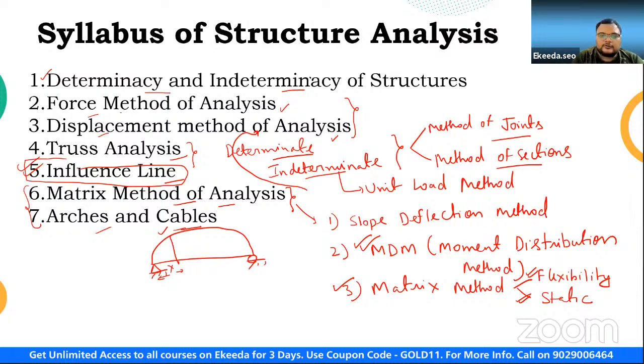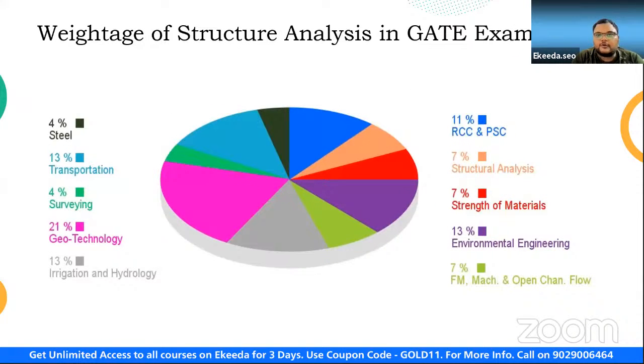Okay guys, so this is all about the syllabus of structure analysis. Now let me tell you what the weightage of structure analysis in GATE examination is. I have already told you in the previous two lectures that the topic of structure analysis covers almost 7%, right guys? So how much is 7%?